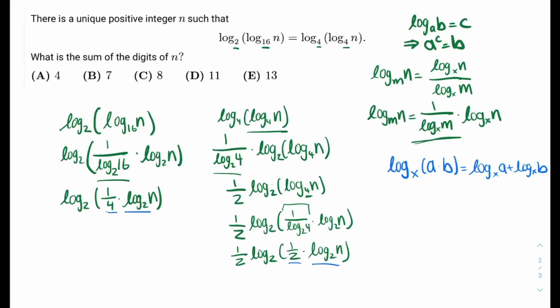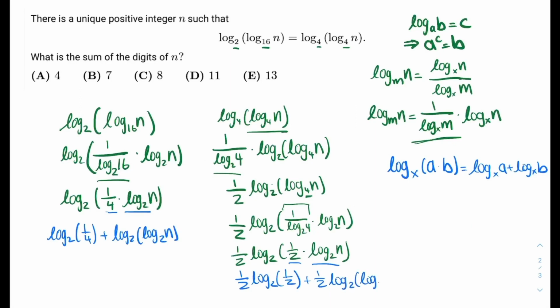So now let's use this equation to actually write out these logs. On the left-hand side, we have log base 2 of a 4th plus log base 2 of log base 2n. On the right-hand side, we have half log base 2 of a half plus a half log base 2 of log base 2n.